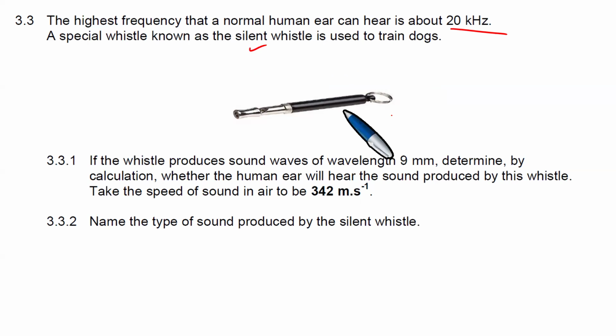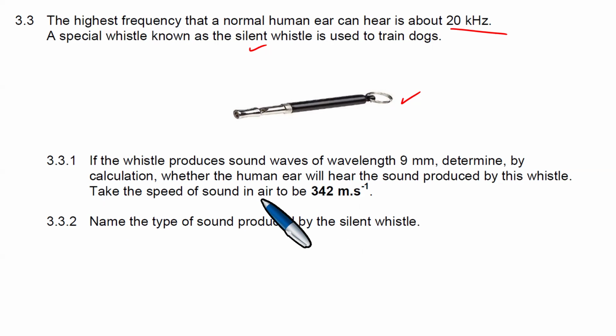If the whistle produces sound waves of wavelength 9 millimeters, determine by calculation whether the human ear will hear the sound produced by this whistle. Take the speed of sound in air to be 342 meters per second.